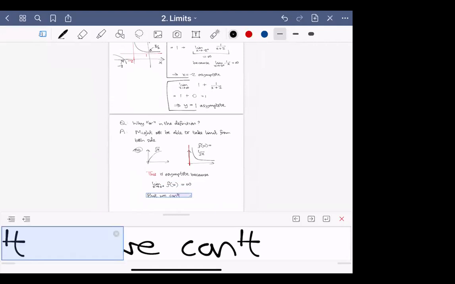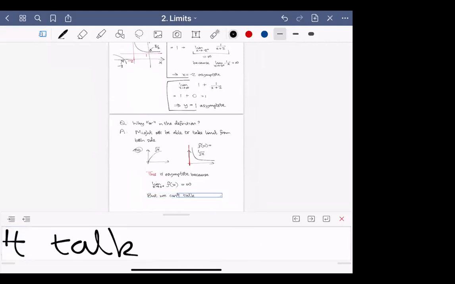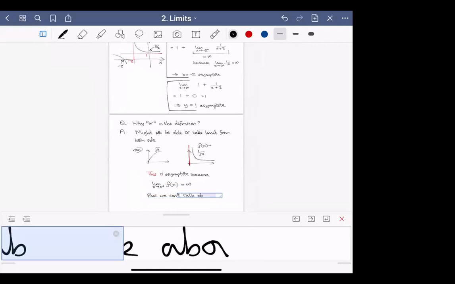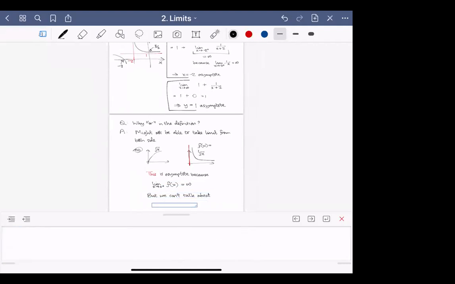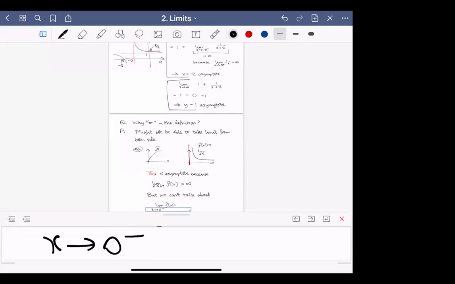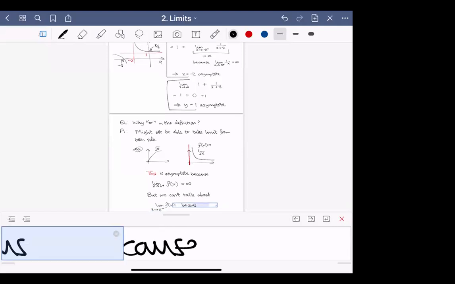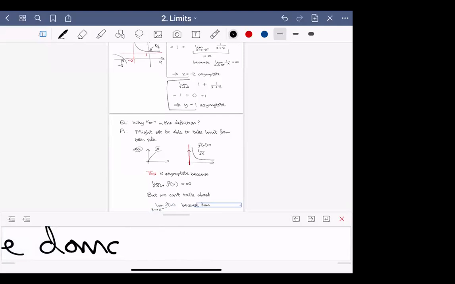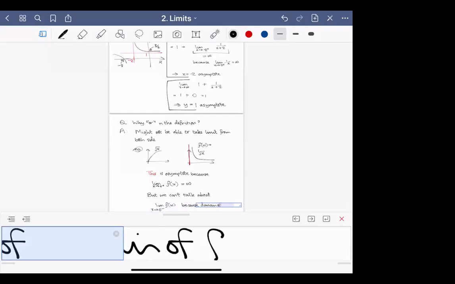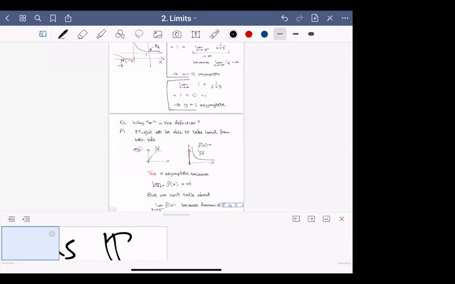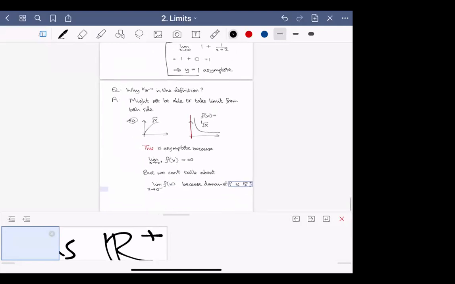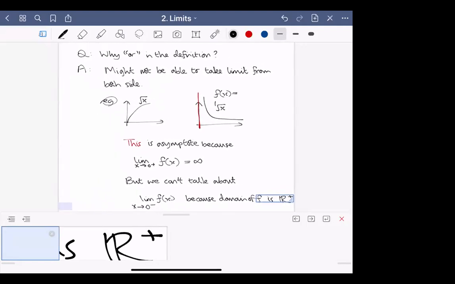But we can't talk about the limit as x goes to 0 from the left, because the domain of f is R plus. Okay, thanks for the question, Nat.